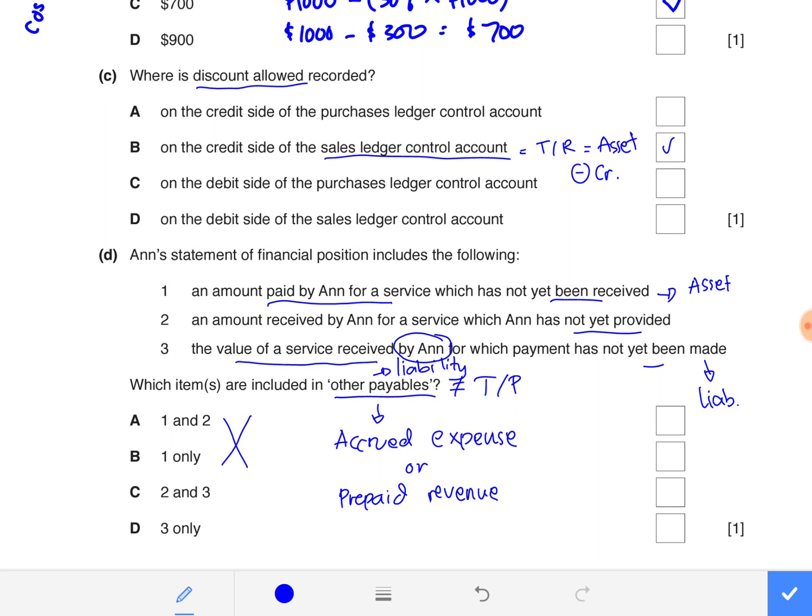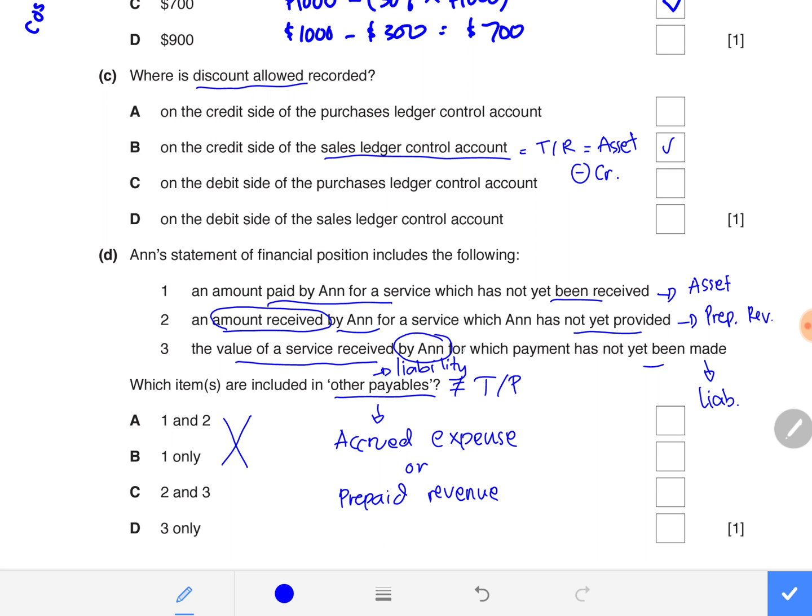Number 2. That means either numbers C or D. For number 2, an amount received by N for a service which N has not yet provided. This is considered prepaid revenue, because N already received the money, but N has a liability to give the service to her customer.